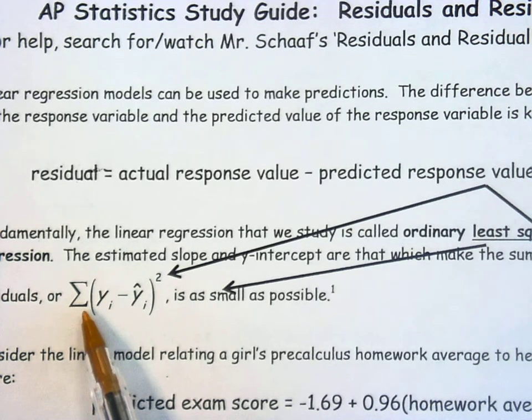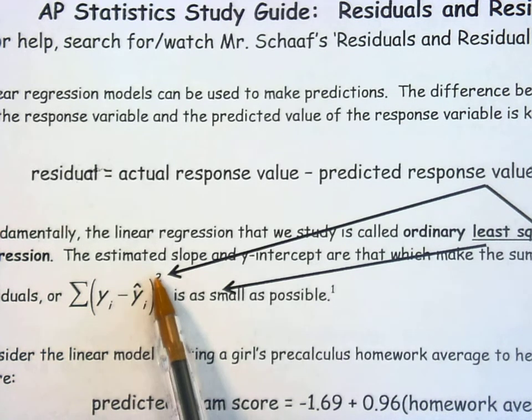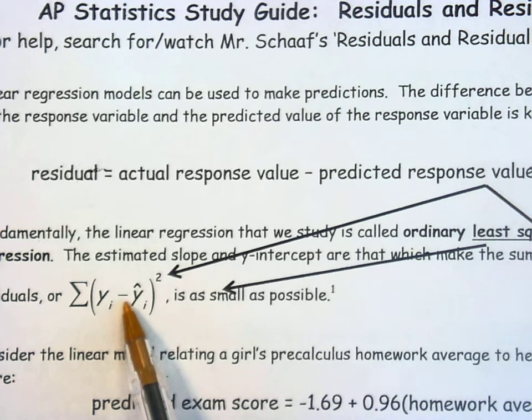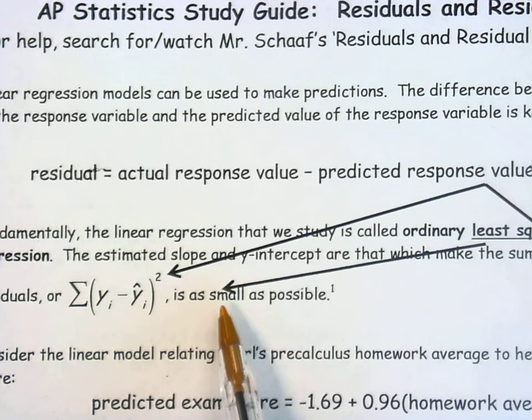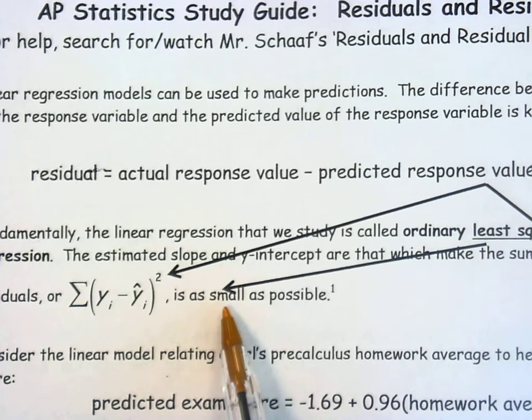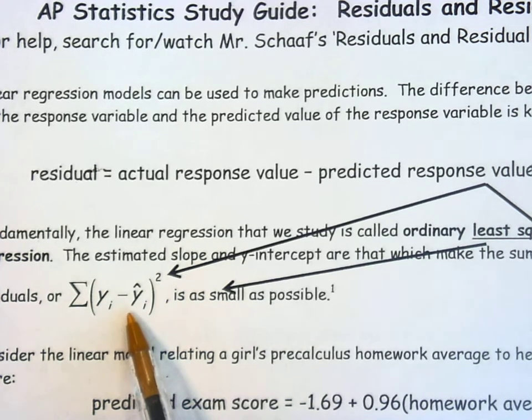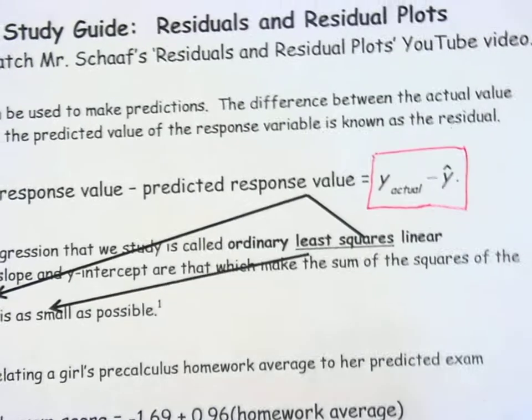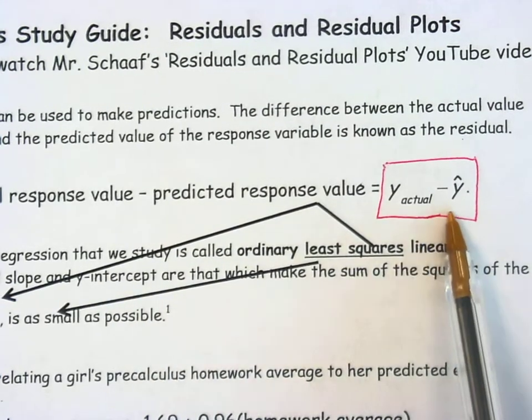The estimated slope and y-intercept are exactly those which make the sum of all of the squared residuals as small as possible. So we are trying to find the slope and the y-intercept that minimize the square of all of these errors. The most important thing, though, is that you at least know the basic definition: actual minus predicted.